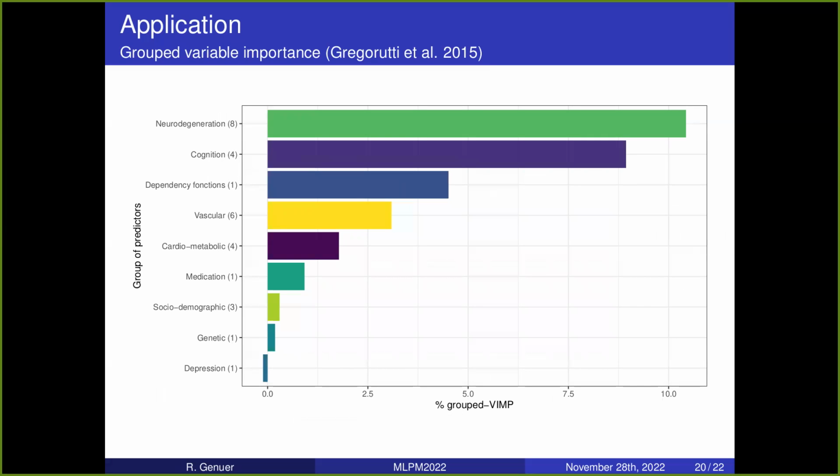And maybe my last slide. We can also compute the importance of the variables, but according to the different groups. So maybe to have a clearer image about what dimension of the variables are the most important.